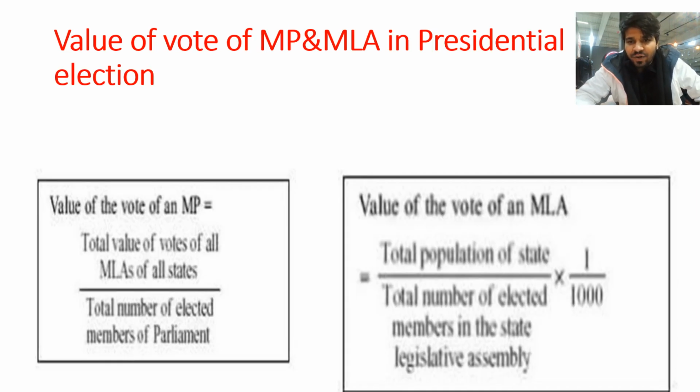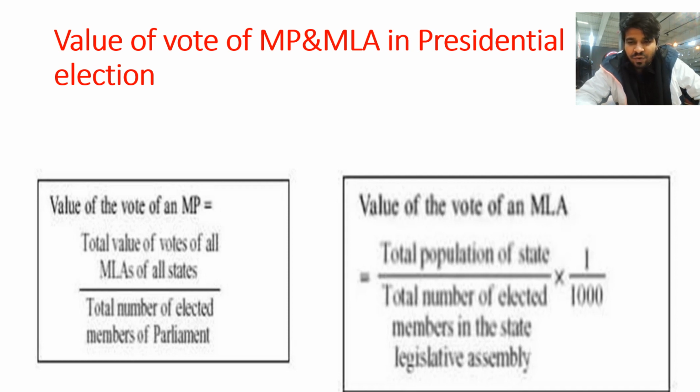So let's try to understand the value of the vote of an MP and an MLA. The value of the vote of an MP is the total value of the votes of all the MLAs of all states divided by the total number of elected members of Parliament.